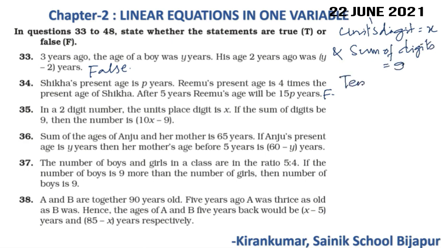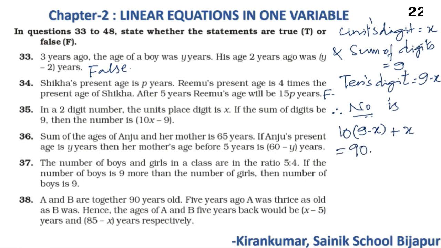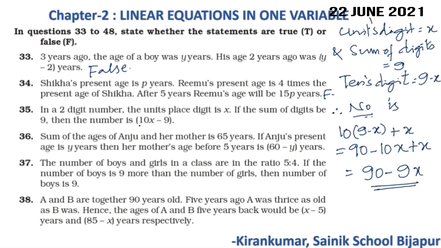So the tens digit will be 9 minus x. Therefore, the number is 10 times the tens place digit, which is 9 minus x, plus the units digit, which becomes 90 minus 10x plus x. This will be 90 minus 9x. As per the given question, it is 10x minus 9, which is false. So the given statement is false.